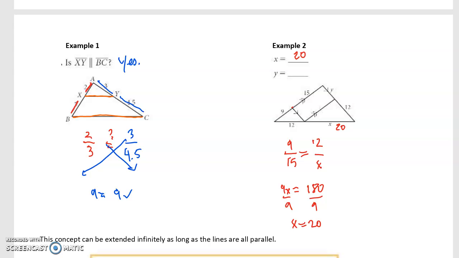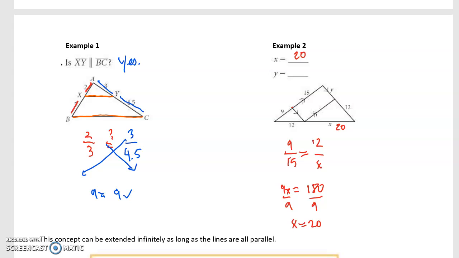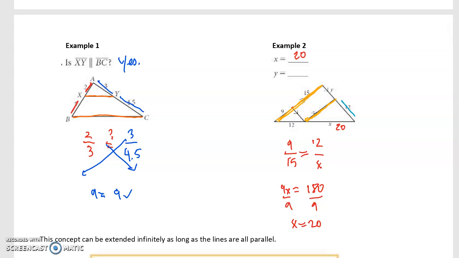Now to find y, we need a second set of parallel lines. So the parallel lines are here and here. Now the two segments that we're looking for are this piece and this piece over this piece and this piece. So that means 12 over y is equal to x, which is 20, over 12.